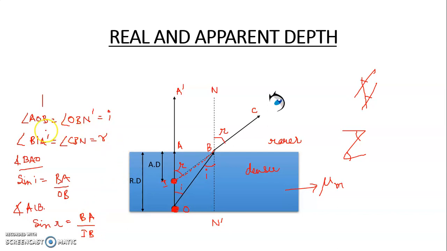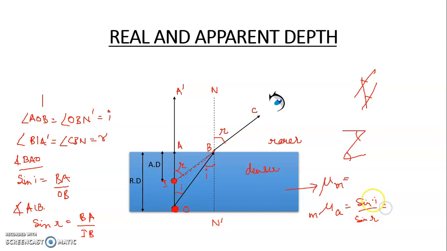We know that if we want to find the expression of refractive index, that is mu m, then how are we going to find it? First understand that the ray is going from denser to rarer. So first medium is this, second medium is this. We always find the refractive index of the second medium, that is air, with respect to the first medium, which is equal to sin i by sin r.